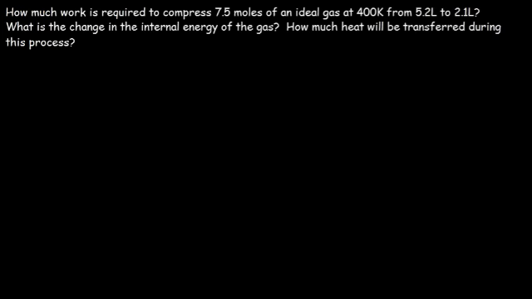How much work is required to compress 7.5 moles of an ideal gas at 400 Kelvin from 5.2 liters to 2.1 liters? So what type of process do we have? And let's begin by sketching a PV diagram.